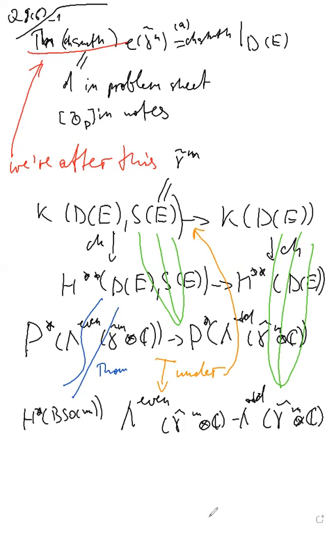Okay, and then what do we get when we use the Chern character and this Thom isomorphism?